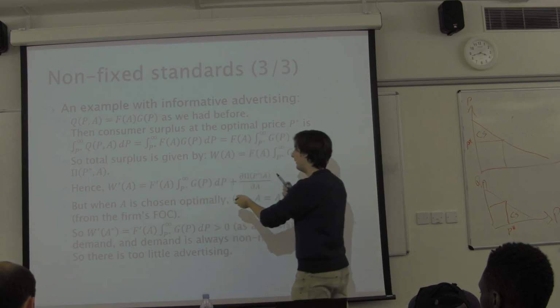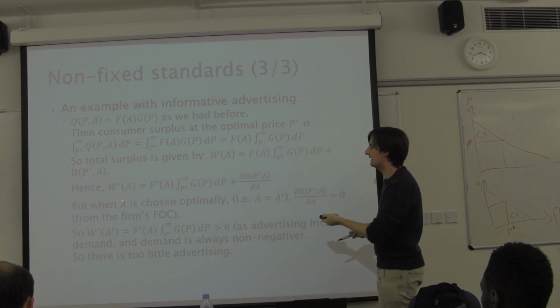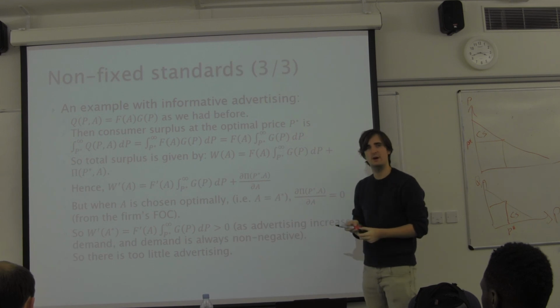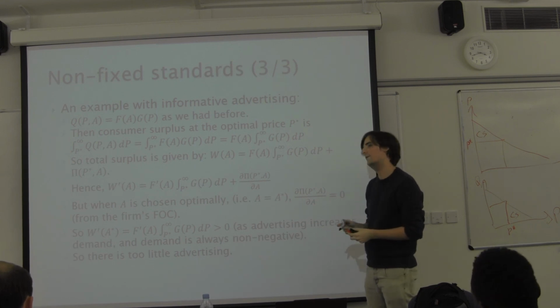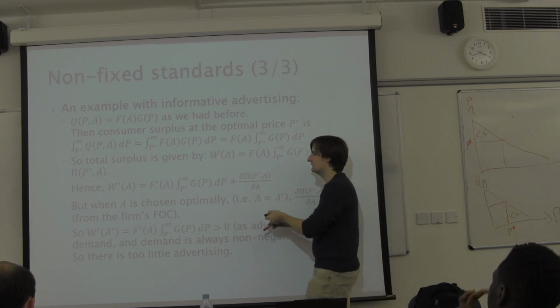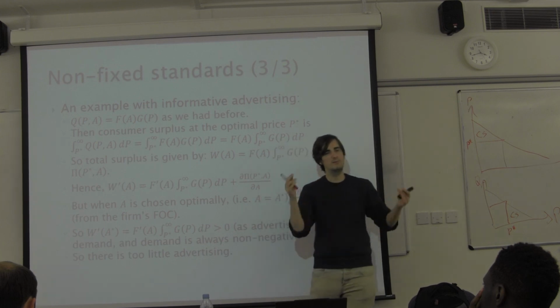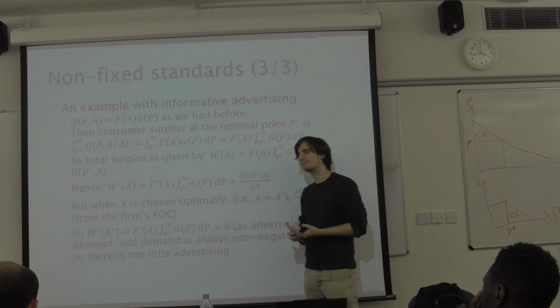So there's something positive times something positive. Increasing advertising here will always increase welfare at the margin. So if the firm is choosing advertising optimally, it's always going to choose too little with respect to total welfare.